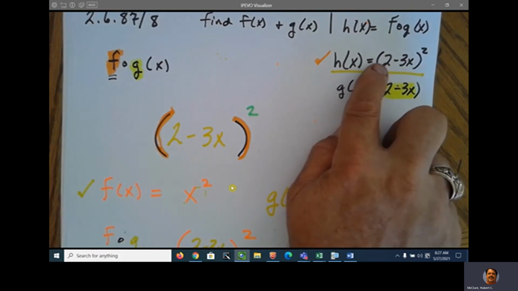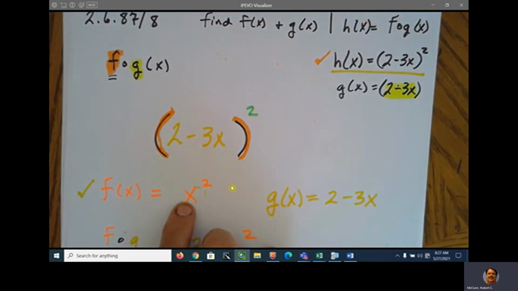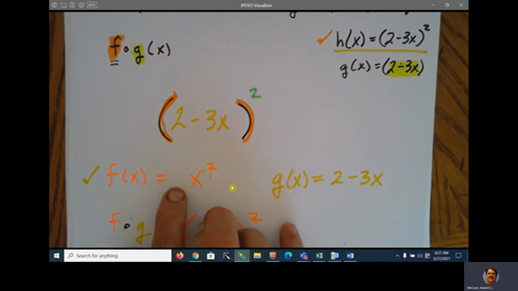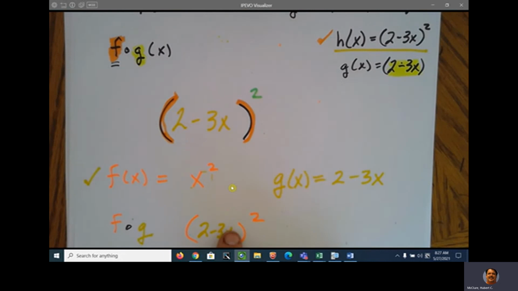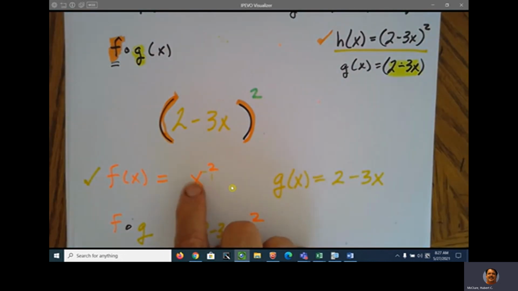So the actual equation for squaring is F of x equals x squared. And to check it, you rewrite F of x with a big set of parentheses, and you plug in 2 minus 3x, and that is that right there. So your answer is F of x is equal to x squared.